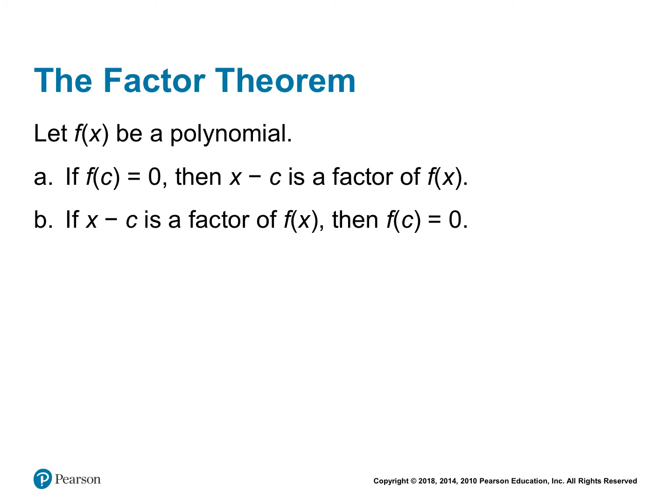Next, we'll talk about the factor theorem. So f of x is a polynomial. If f of c equals 0, then that means x minus c is a factor of f of x, because we're saying that there's no remainder. If x minus c is a factor of f of x, then f of c equals 0.